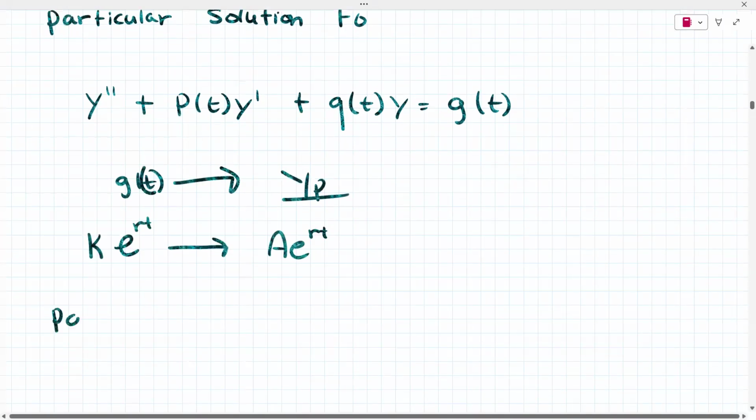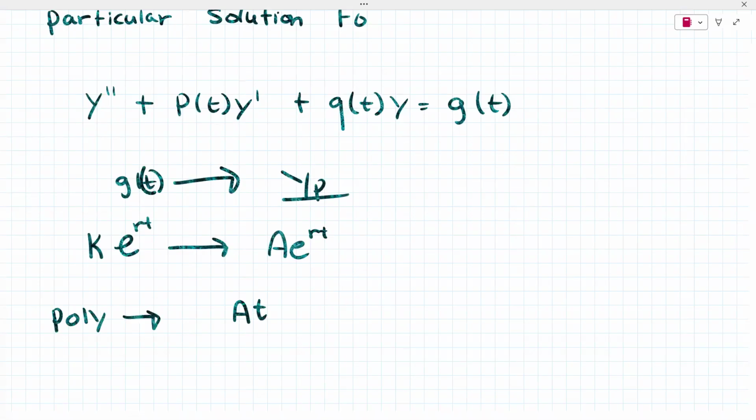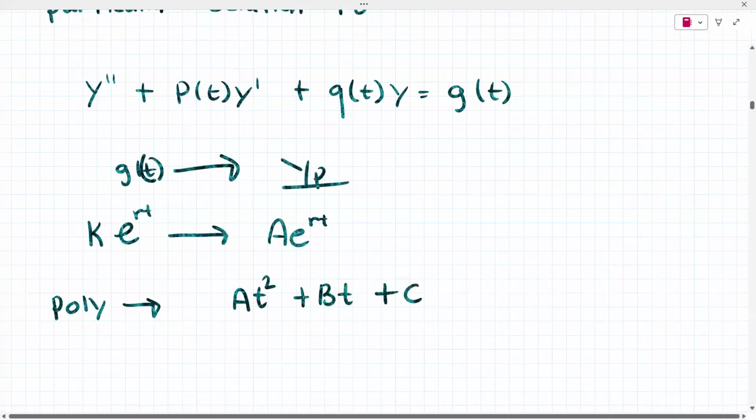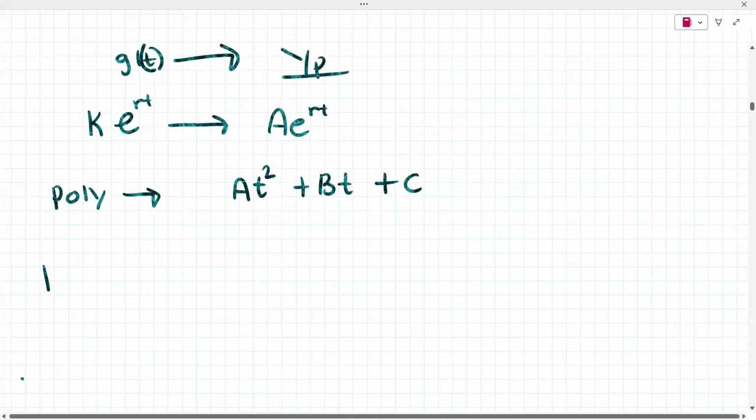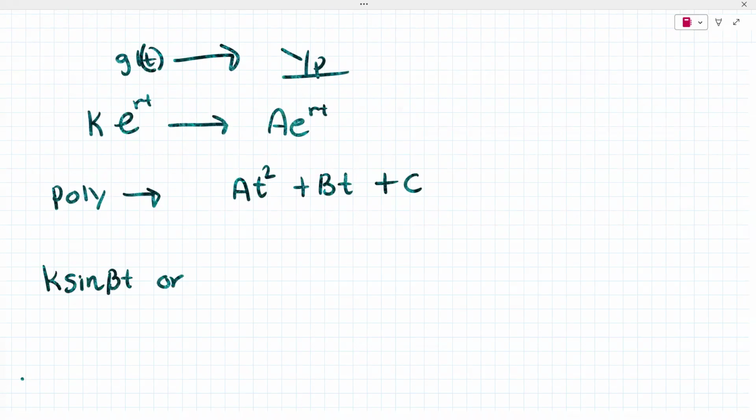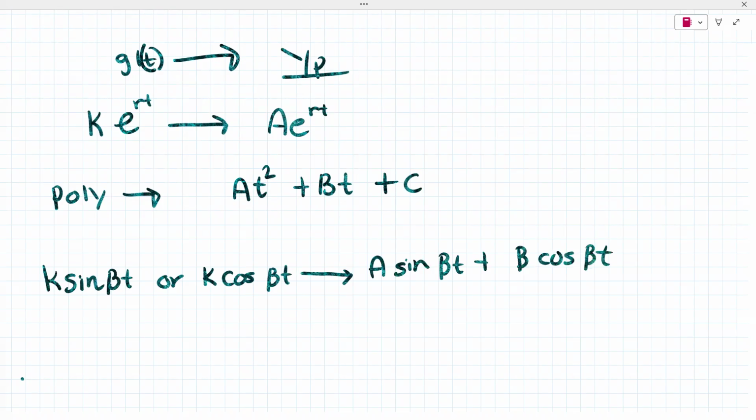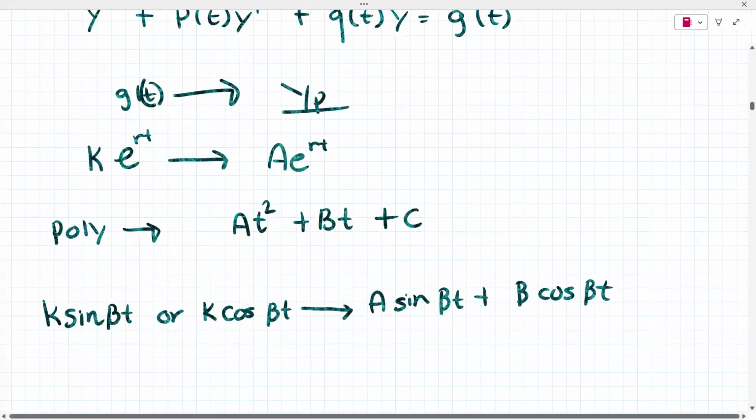If it's a polynomial, your guess would be At squared plus Bt plus C. If you have a k sine of bt or k cosine of bt, it's going to be A sine bt plus B cosine bt. So go ahead and write this down because we're probably going to need it to write our guess.